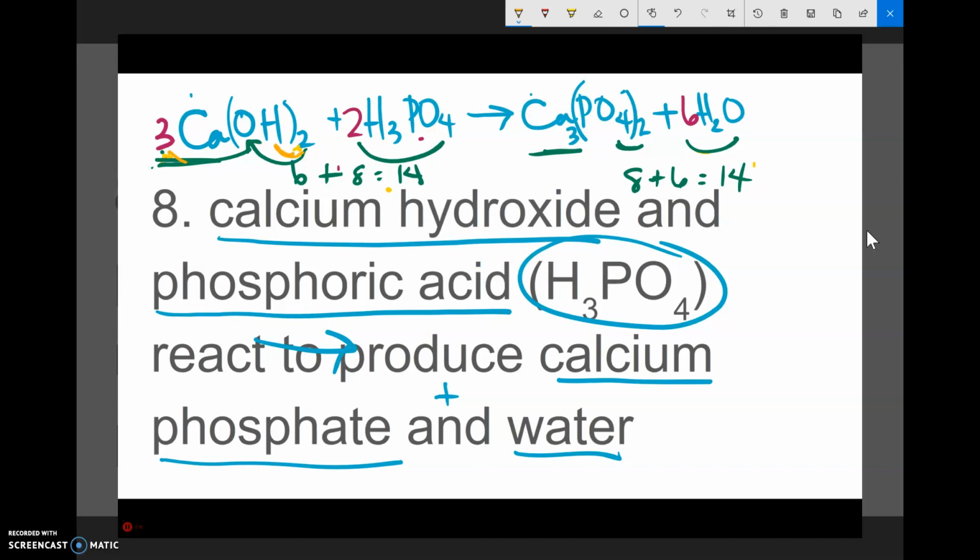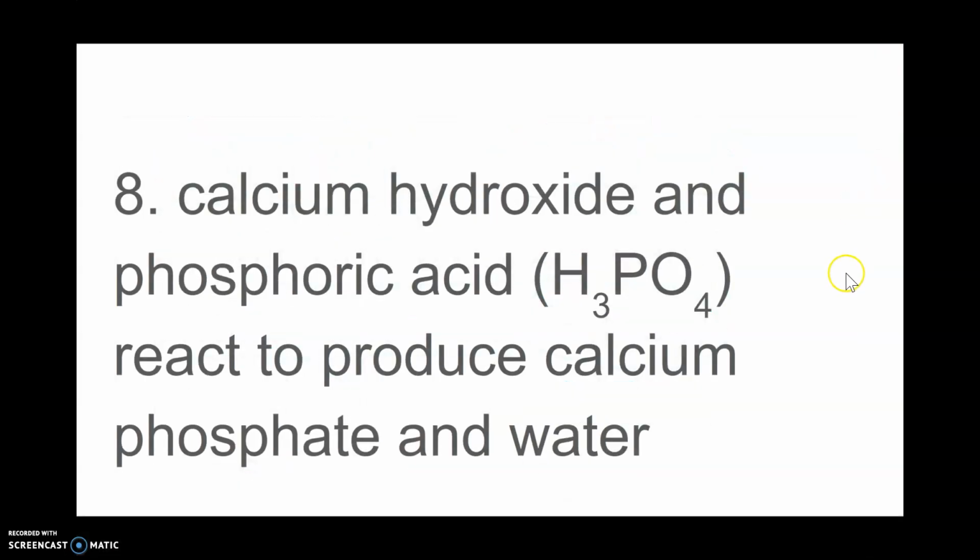We've got 2 times the 3, so we've got 6 there, plus 2 times 3 is 12 hydrogen. Over here we have 6 times 2, which is 12. Okay, so now that's balanced. Let's check our phosphorus. We've got 2, 2, and we're balanced because we've already balanced the oxygen. So there is your balanced chemical equation.